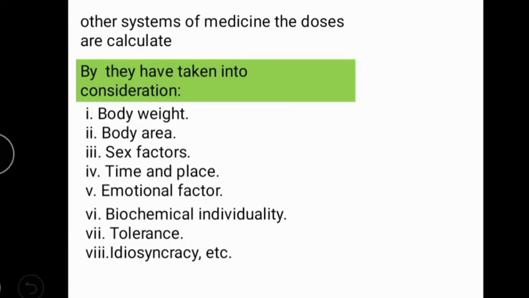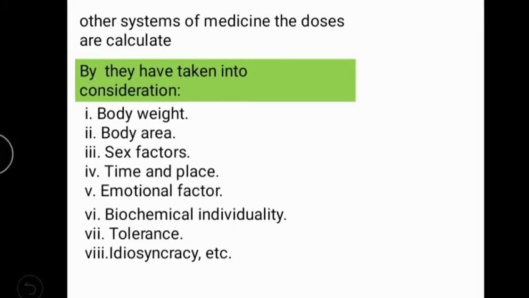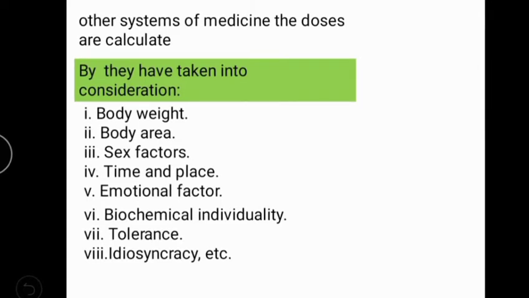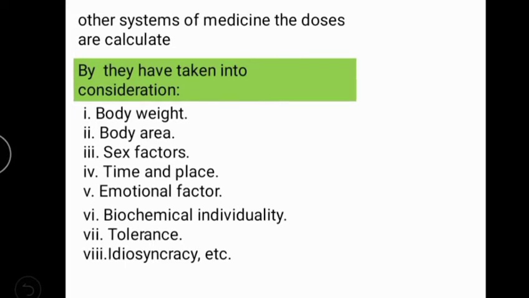Other systems of medicine, such as allopathy, Ayurveda and all types of Ayush and medical systems, deal with doses by eight factors. What are they?